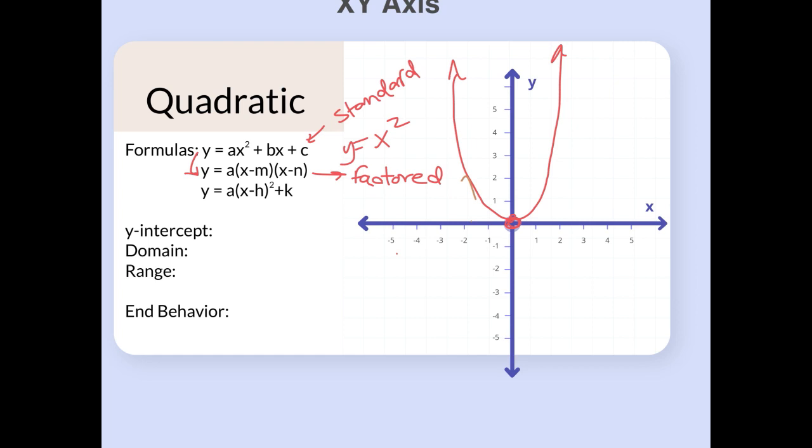And if a particular point, let's say here, looks like 2 comma 5, that means that if I had the proper function for my quadratic here, I should be able to put in 5 for my y value, and I should be able to put in 2 for my x value, and so on.